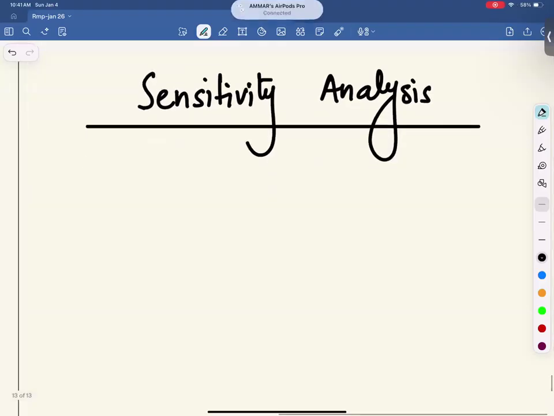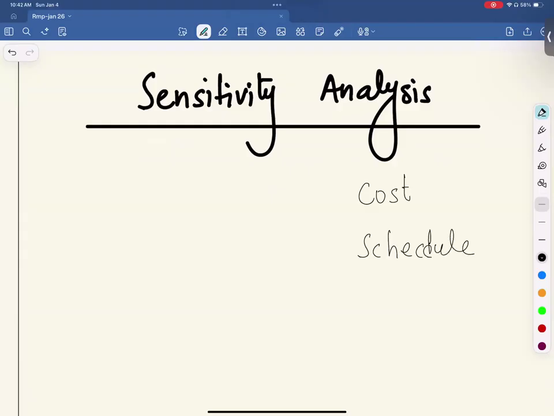So for example, we have cost as our project objective, we have schedule as our objective. We want to see which risk has the highest impact on your project objective. That's where we use sensitivity analysis.